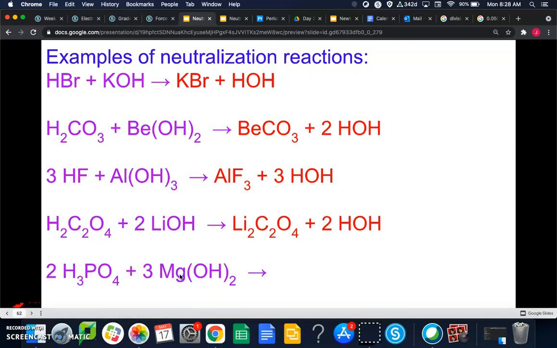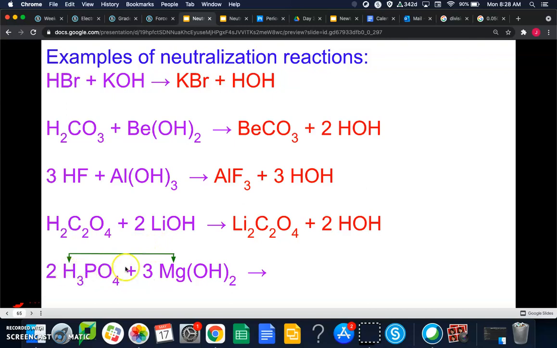And so I'm doing that because 2 times 3 equals 6. So now I have 6 hydrogen atoms, and 3 times 2 equals 6. Now I have 6 hydroxide atoms. Right? So really I'm putting a 3 here, and I'm putting this 2 over here. So now we have the same number of hydrogens and hydroxides.